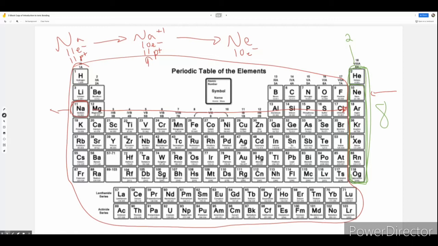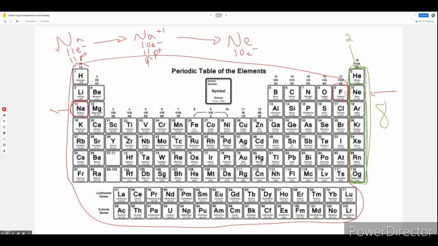On the other hand, I mentioned fluorine. Fluorine is here, in between helium and neon. So it's number 9. It can move up 1 step to get to neon, or get rid of 7 electrons and get down to number 2, helium.